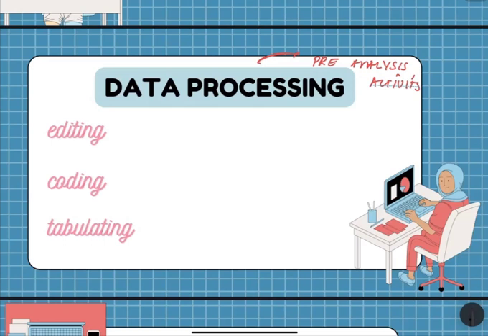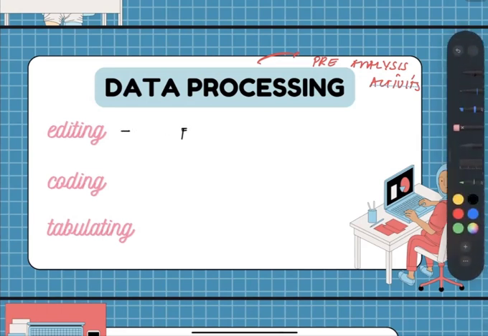So when we edit, what we do is we check for what? We check for errors or inconsistencies.